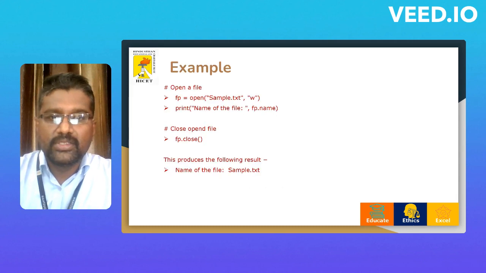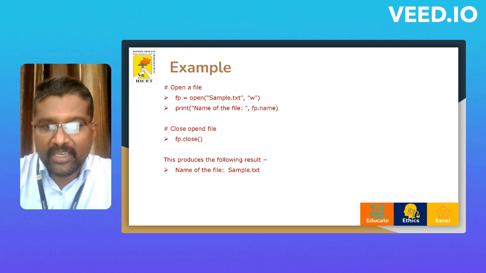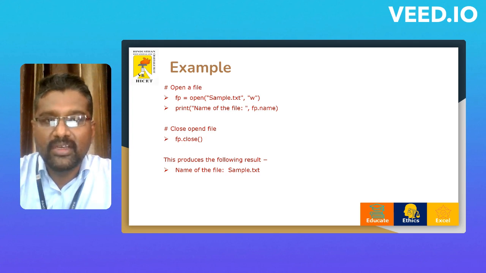Here is an example with file object dot close. I have opened sample.txt with write mode, and I'm going to use the attribute name, which displays the name of the file I have opened. That will be displayed, and finally I have used the statement fp.close, which is going to close the file.